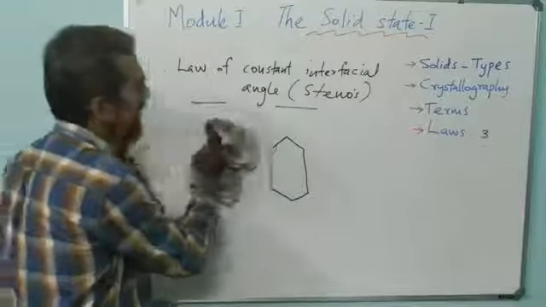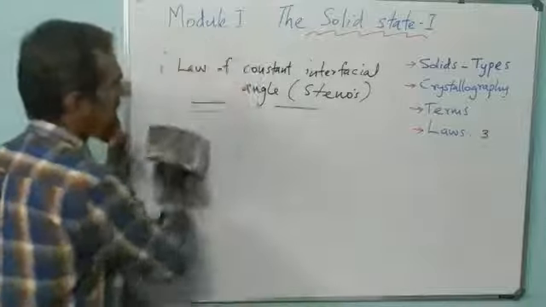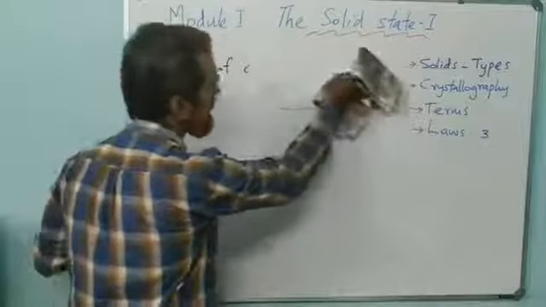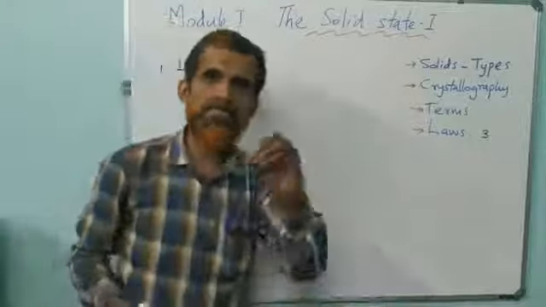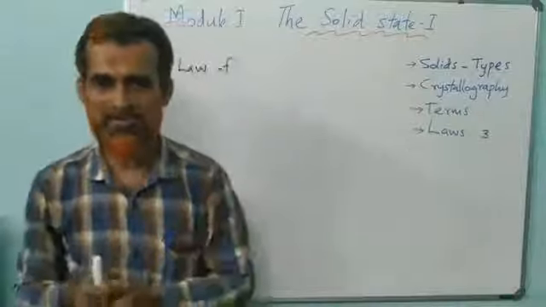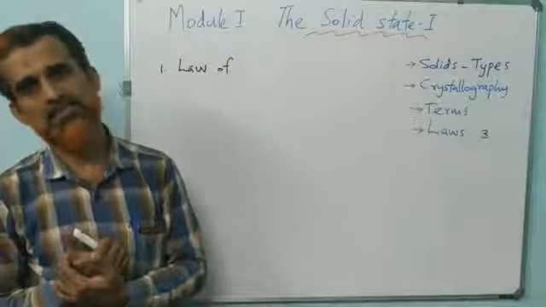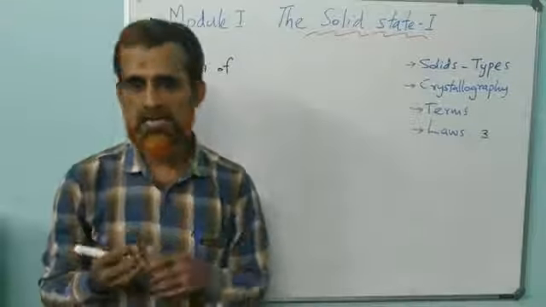We discussed previously about crystalline and amorphous solids. Actually, the same substance can be made to exist as crystalline or amorphous by changing conditions. For example, silica.